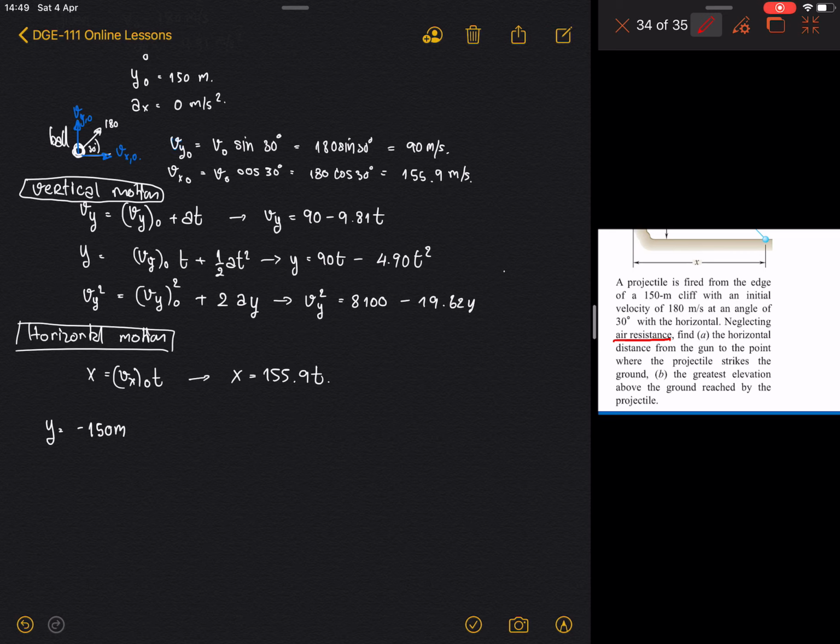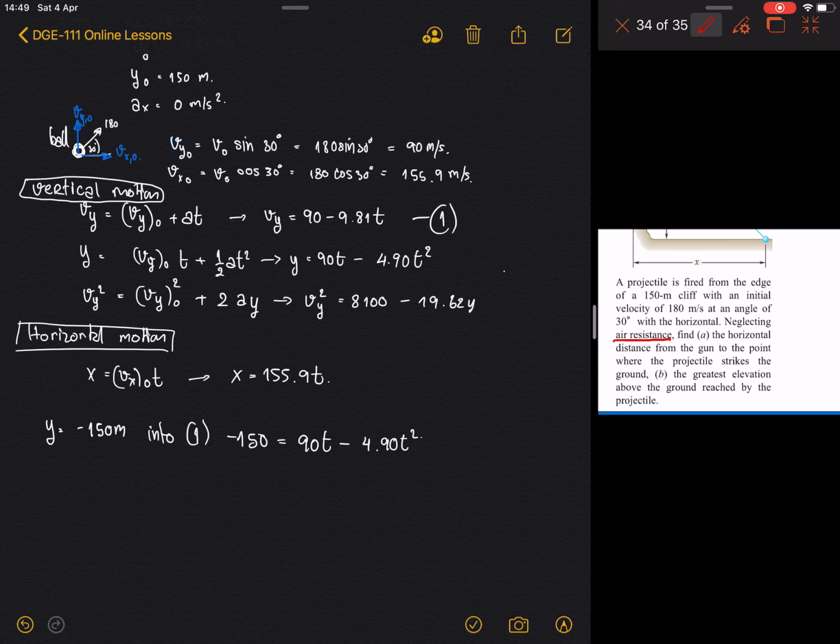Then you substitute into equation 1, and you get negative 150 equal to 90t minus 4.90t squared, and here is also the quadratic formula, right?